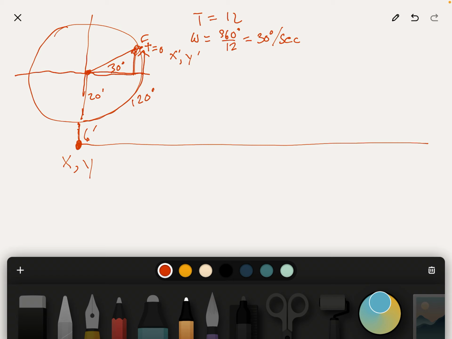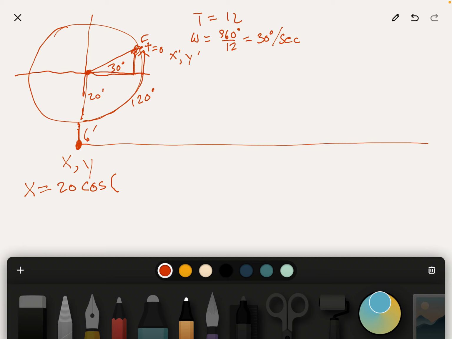So now we can come up with parametric equations for Francesca. And that's simply going to be, remember, x equals r cosine theta. And r is 20 feet. So it's r times cosine, and here's the only tricky part.